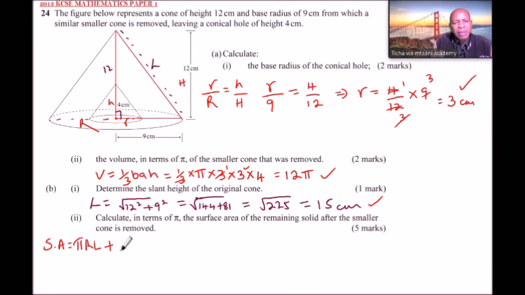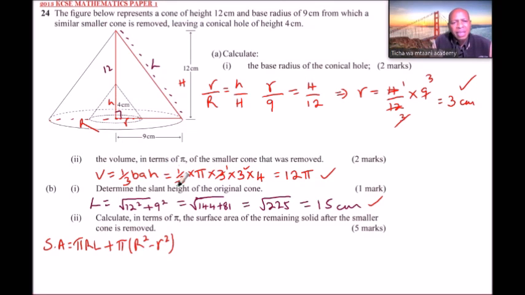The base is pi r squared, but we have the inner circle that was removed, so we get the remaining circular part with the inner circle removed, pi(R squared minus r squared).